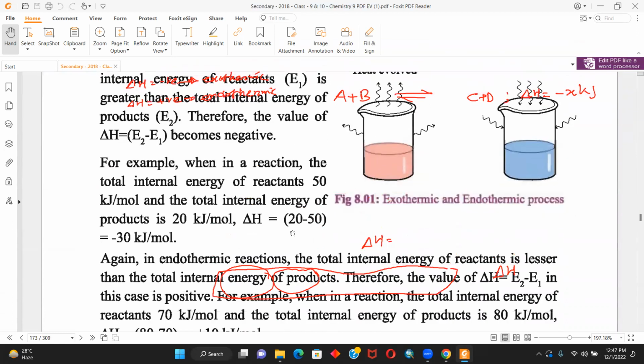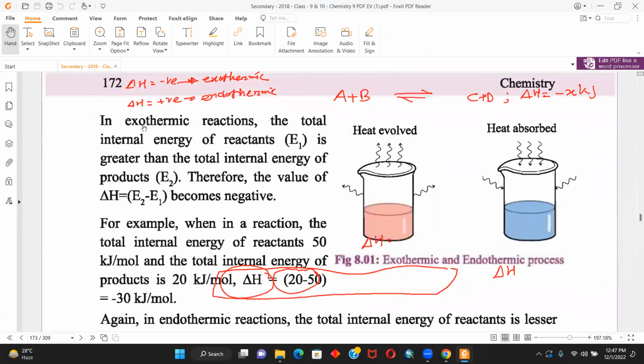Yes, okay, all right. See, in exothermic reactions, the total internal energy of reactants, in this case, what was it? N2 plus 3H2.